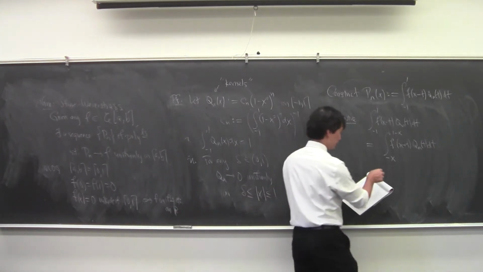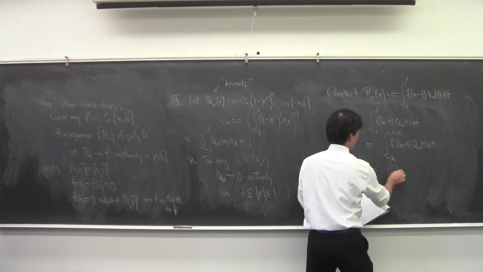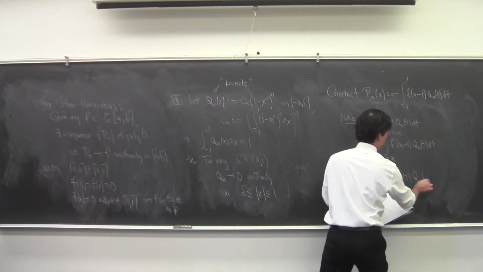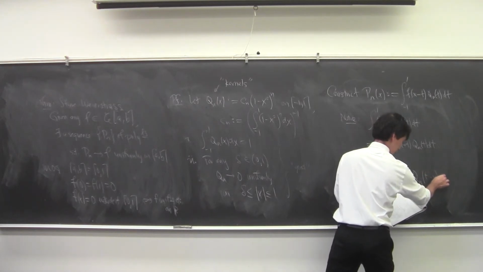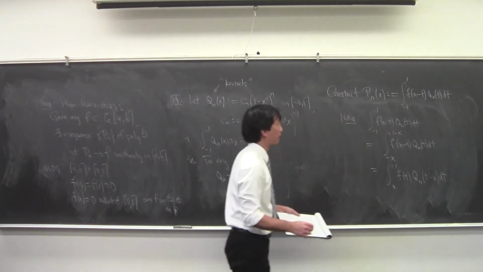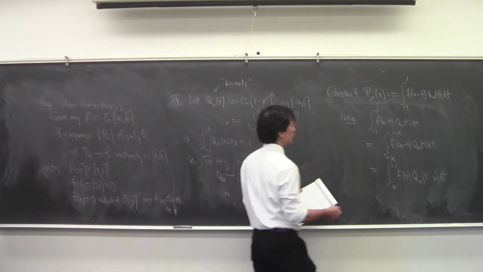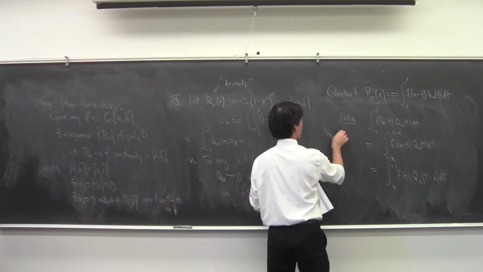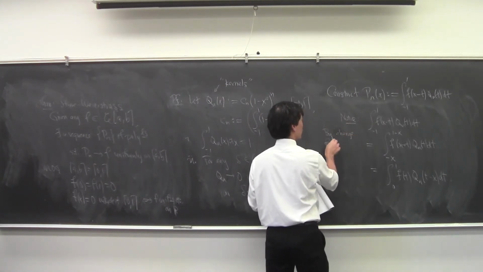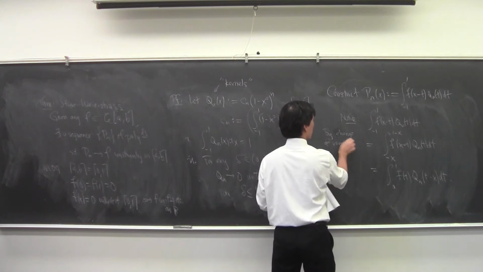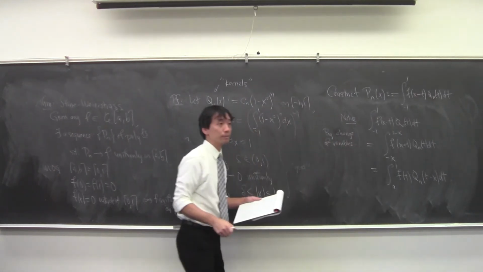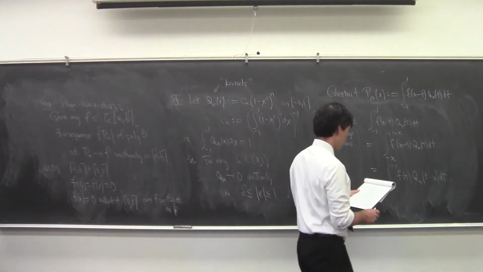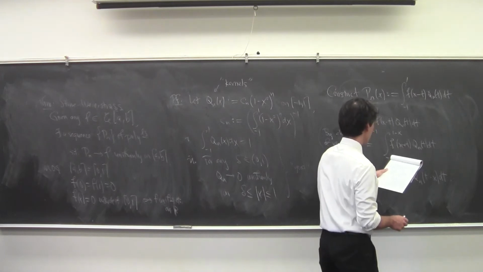And then we can do another change of variables that changes it to the integral between 0 and 1 of f of t, q sub n of t minus x dt. So we have an x plus t in the second line? Yeah, that's an x plus t.